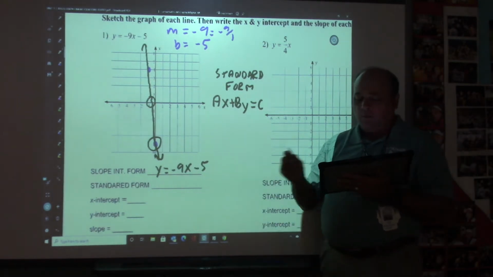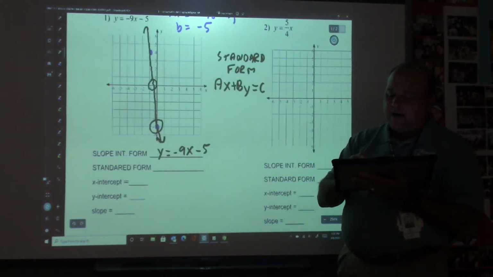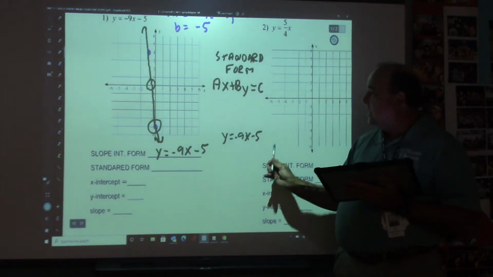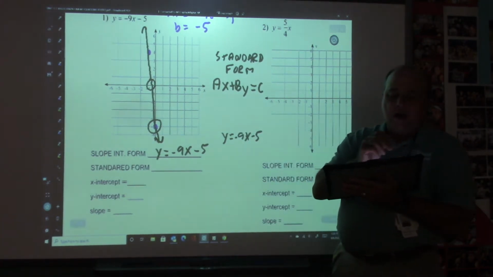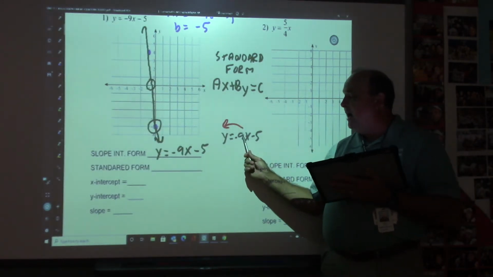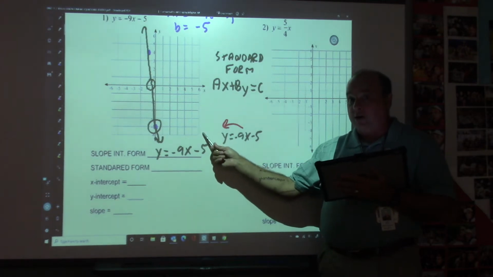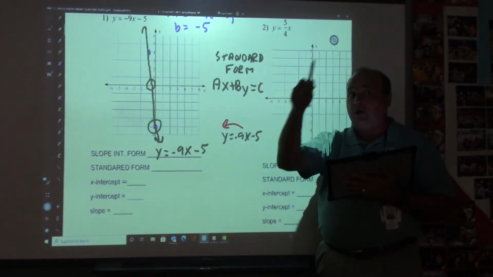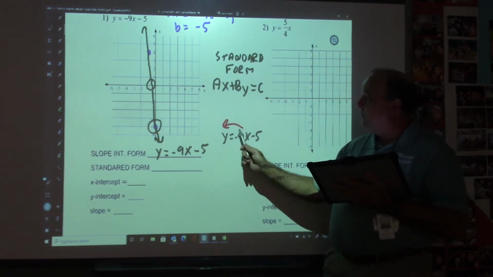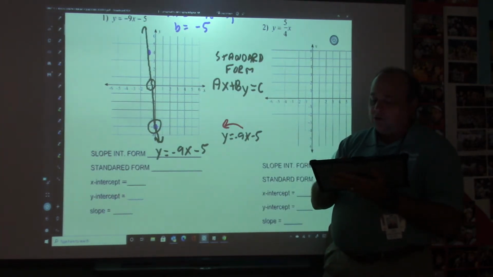Okay, so on this problem right here, all I'm going to do, write down y equals -9x minus 5. Notice I don't have any fractions. All I have to do is take that 9x and move it to the left. When I do that, the negative 9x will turn into positive 9x. We did this solving literal equations, didn't we? So we're going to take the 9x and move it from the right to the left, and it will turn into a positive.